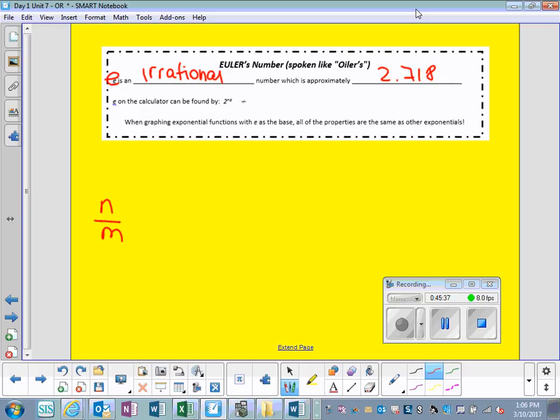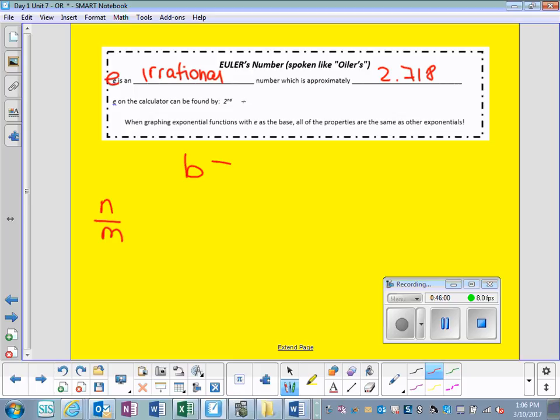So very often when you model something with the exponential function, you will use the base e. And everything stays the same; all the properties of the exponential function still apply.